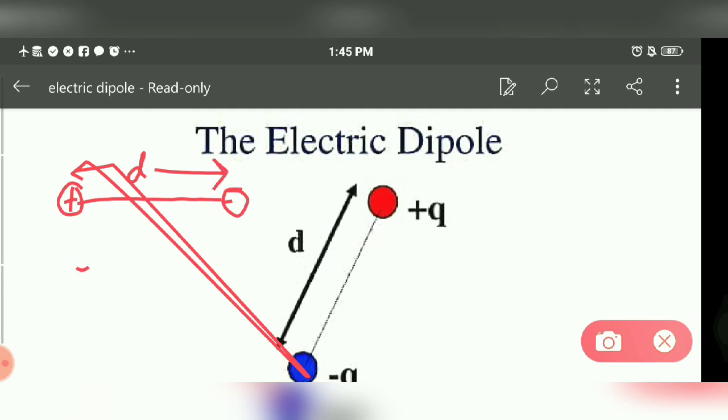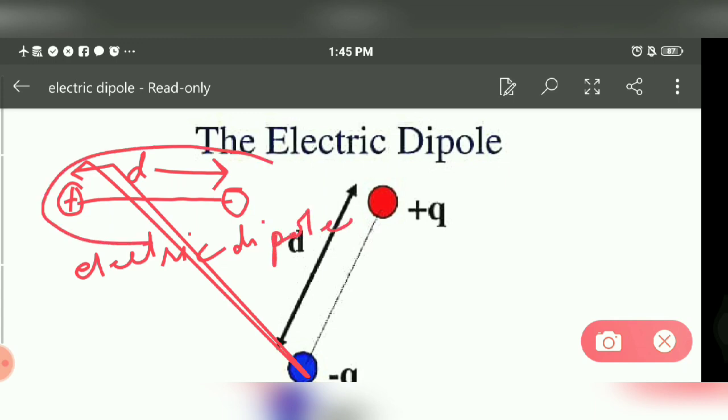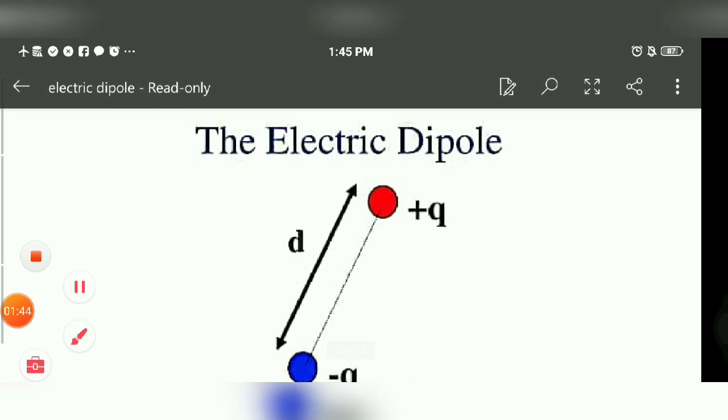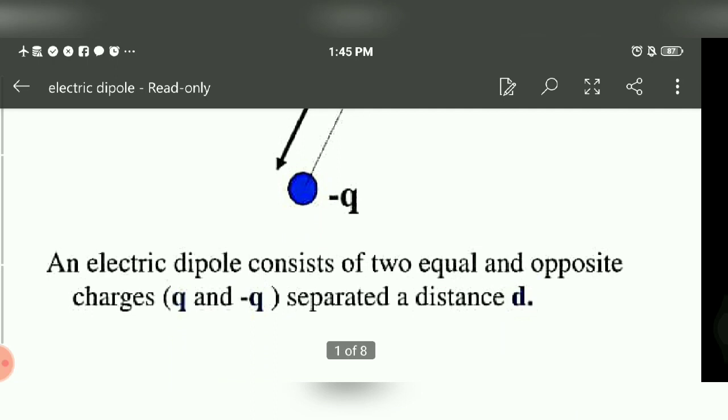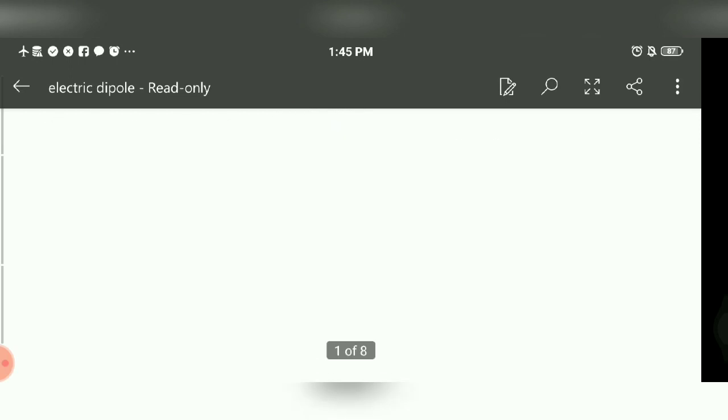So this is called an electric dipole. It consists of two charges of opposite polarity but the same magnitude separated by a distance d or 2a between them. So an electric dipole consists of two equal and opposite charges separated by a distance d.